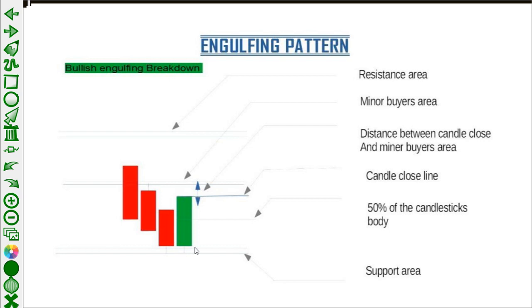One thing we have to look at is that the engulfing pattern should occur at the support area, and the green candle should cover at least 20% of the second left candle, and there should be a distance between the minor buyers area and the close of the candle.